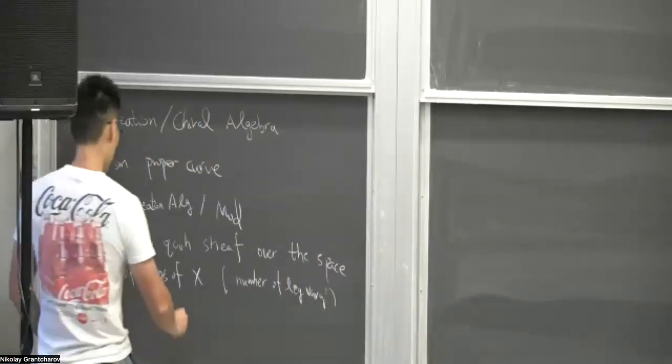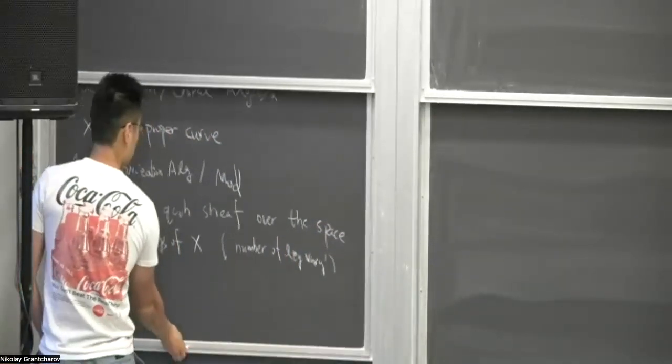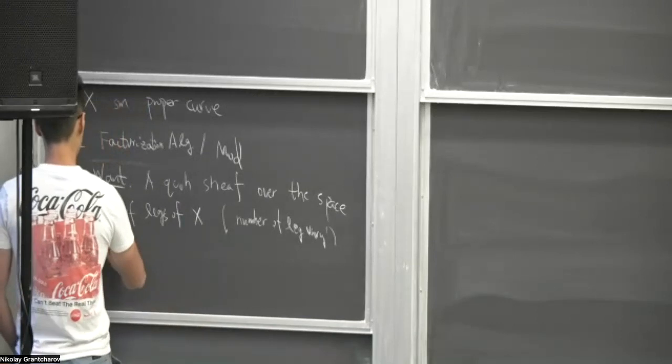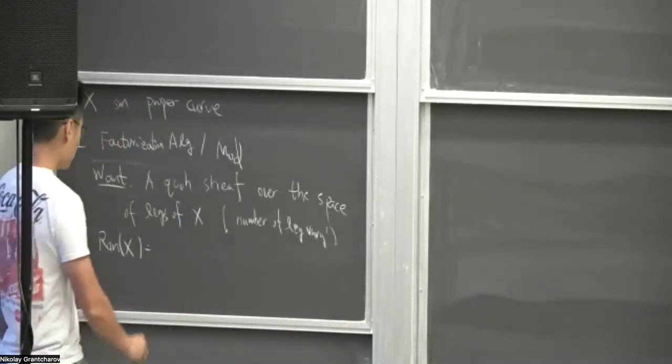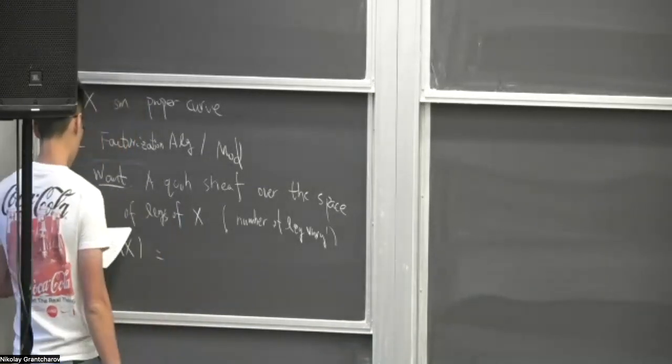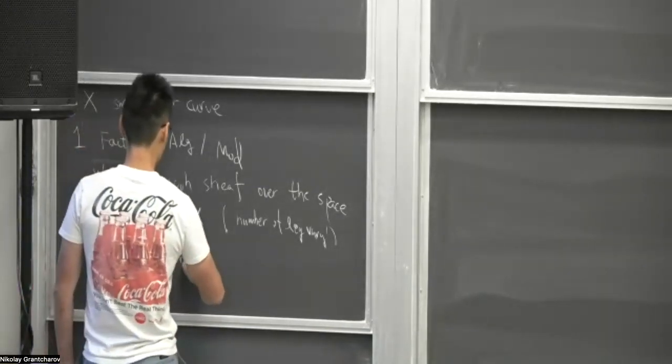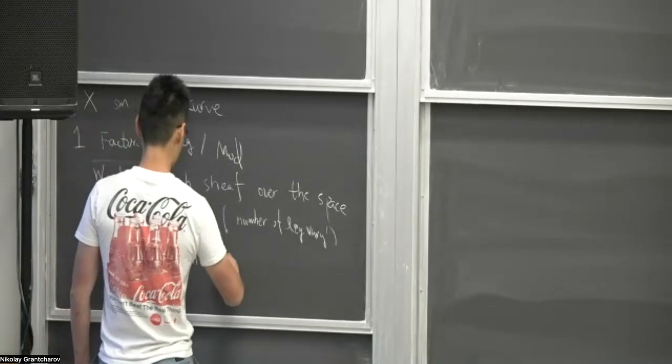Okay. So a very natural thing to work with is the following space called the Ran space. At least if X is a topological space, you know what it is.